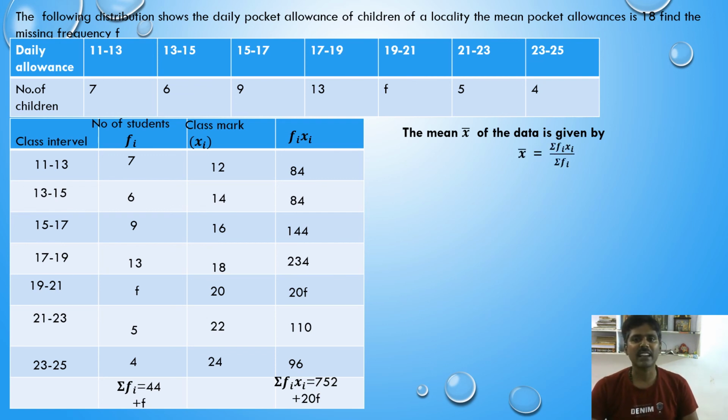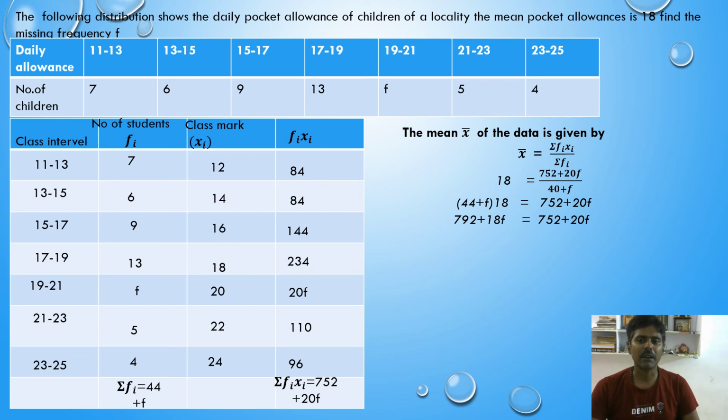The mean of the data is given by x bar equal to sigma fi xi by sigma fi, where x bar, the mean, is given as 18, the total sigma fi xi is 752 plus 20f, and sigma fi is 44 plus f. Taking the cross multiplication, 44 plus f into 18 becomes 752 plus 20f.